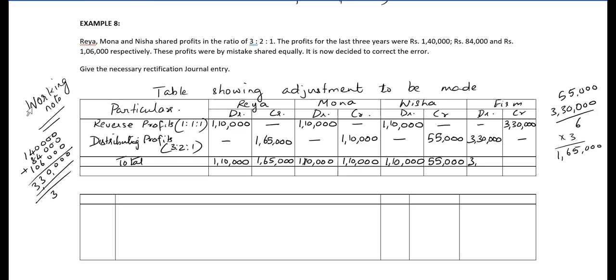Firm debit total 3,30,000, and firm credit total is also 3,30,000. Net effect: 55,000 credit for Rhea, nothing for Mona, and 55,000 debit for Nisha.